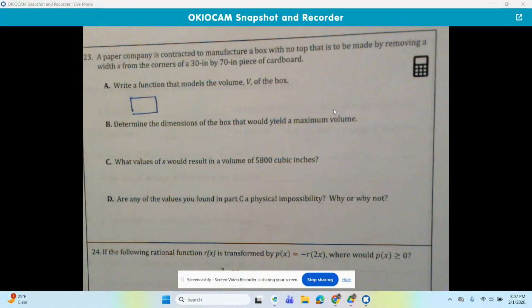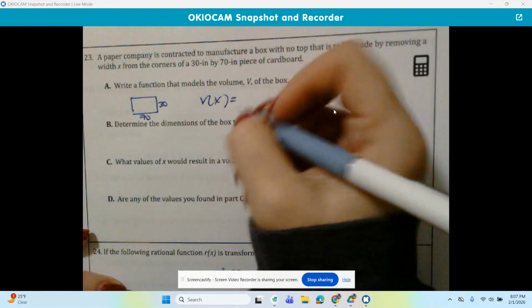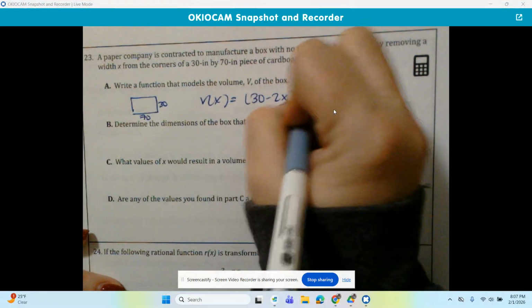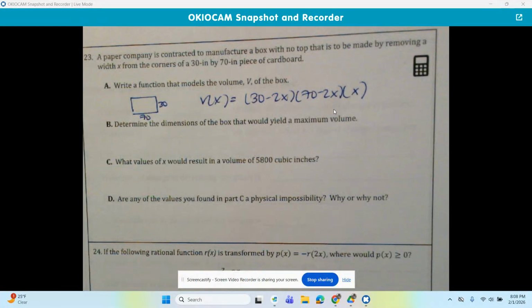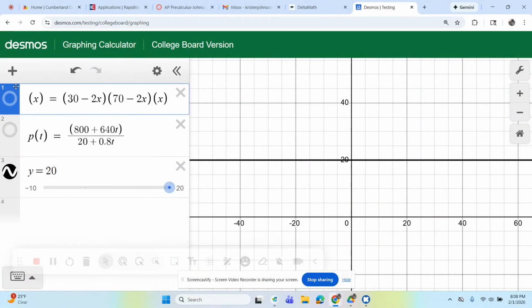Okay, one side is 30, one side is 70. And then if you take away the x from each end, remember that would give you 30 minus 2x, 70 minus 2x, and then if we fold it up, it gives us a height of x. So that's what we're talking about, and I do already have that typed in. Let me get rid of this.